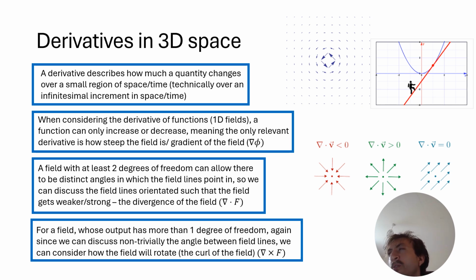However, you won't often see curl in regards to the fields representing forces which you're used to seeing in things like A-level, because in A-level you're looking at forces generated by point particles which tend to be radial. That is, they tend not to depend upon angle.